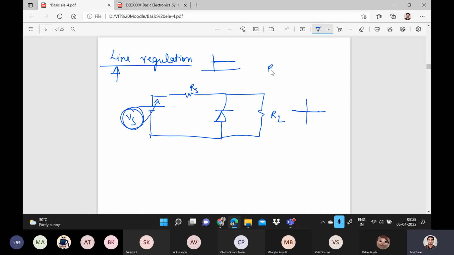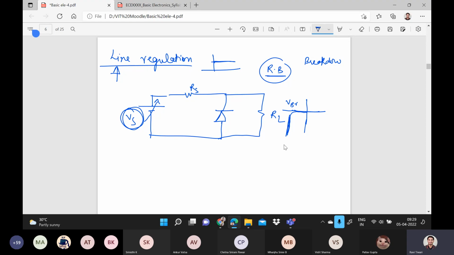So whenever you say it's a regulator, it will always work in the reverse bias because we have to come into the breakdown. What will happen in the breakdown if you are increasing the reverse bias voltage? The sudden abrupt change will give a constant voltage, right? This VBR.